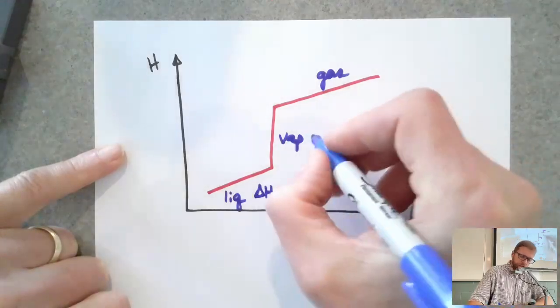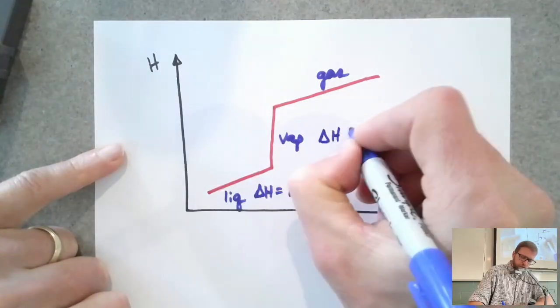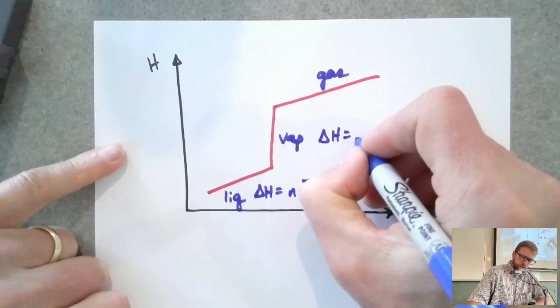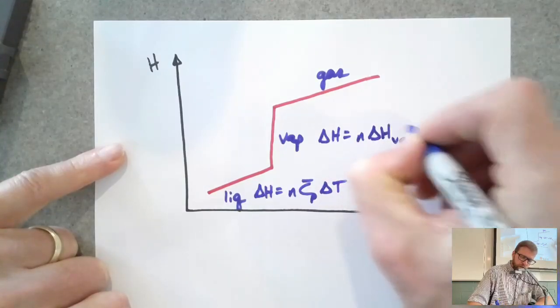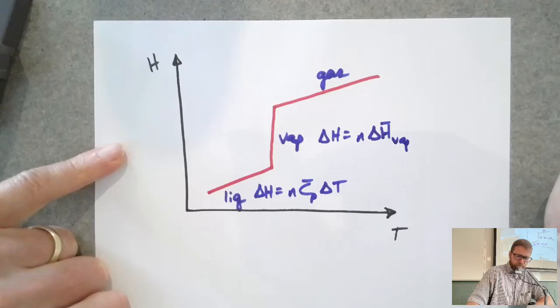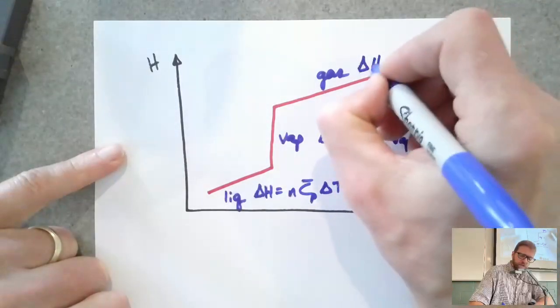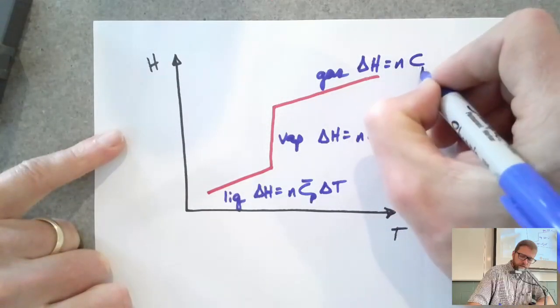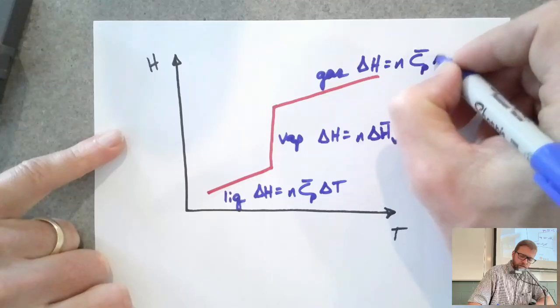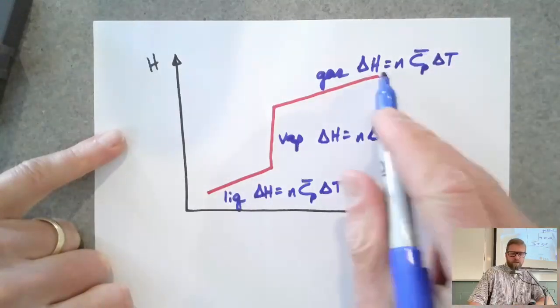And then this one is delta H equals the integral of delta H vaporization. And then up here you've got delta H equals the integral of CP delta T, where this is all for the gas, right?